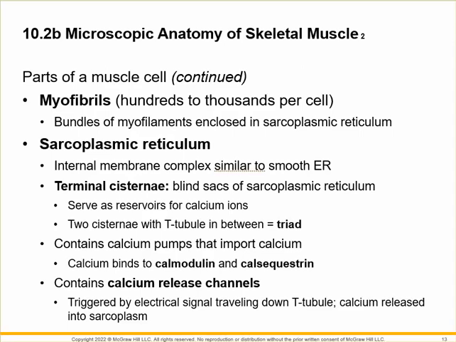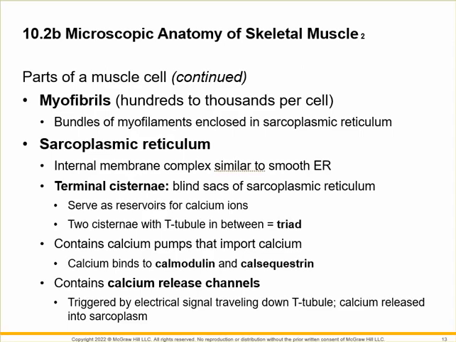So the sarcoplasmic reticulum, like I say, has the terminal cisternae. It looks like smooth endoplasmic reticulum. They have calcium pumps that bring calcium into them and sequester the calcium. They keep it away from the rest of the sarcoplasm, the cytoplasm.